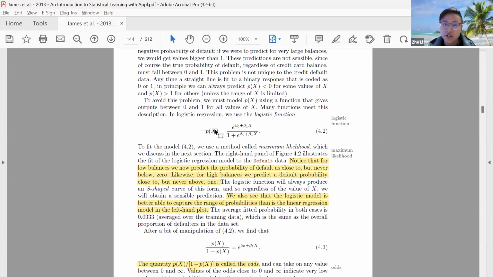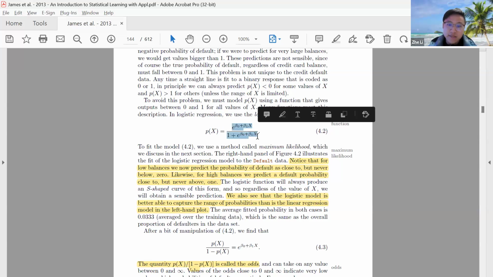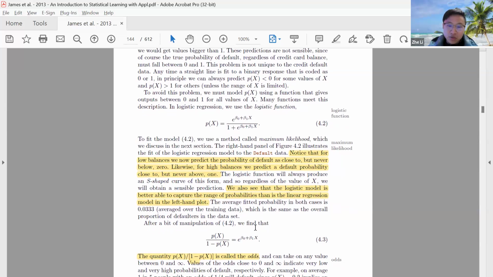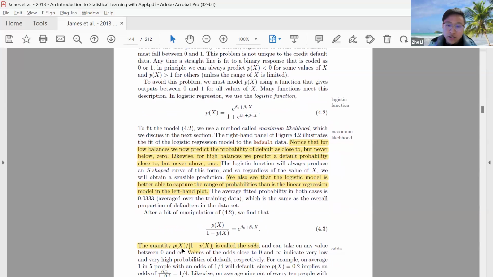The first is the logistic function. We model the probability that x belongs to a certain class with this function, and then we do a logit transformation, which computes the odds of this quantity. So we have to confirm that these two equations are equivalent.